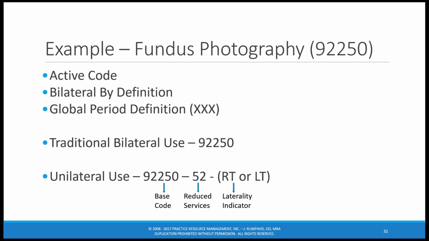And then I'm going to put an RT in this clinical case I gave you today, or the example, to demonstrate that I'm doing it on just the right eye. So again, if I can't demonstrate need for taking a picture in both eyes, then I'm obligated to only take a picture in one eye, and also, guess what? Cut my fee in half, because I'm only performing 50% of the service that the reimbursement is attached to.